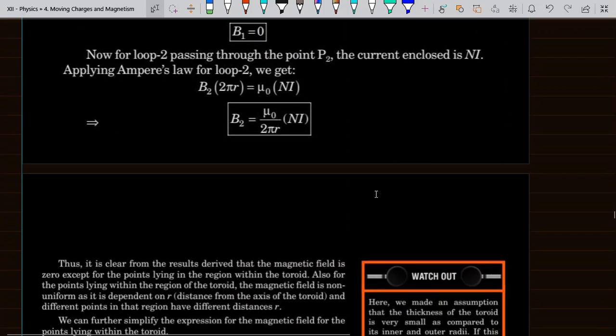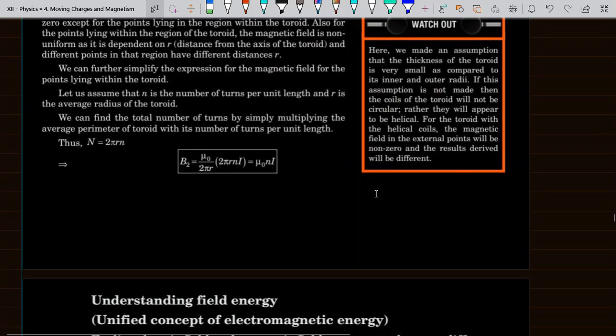So whether it's a solenoid or a toroid, the magnetic field, yeah, but where is the magnetic field which you are finding? That depends. This magnetic field is within the material of the toroid.